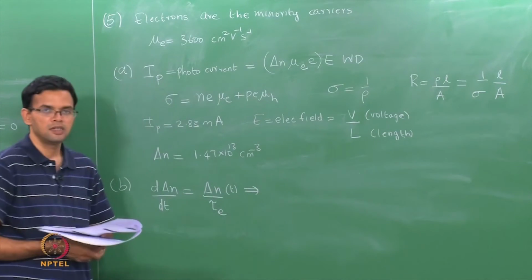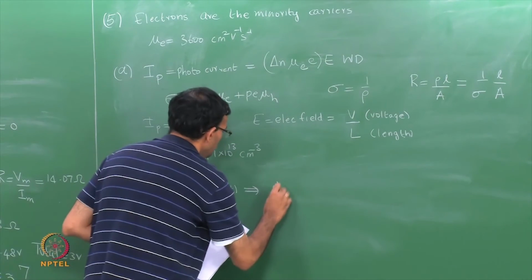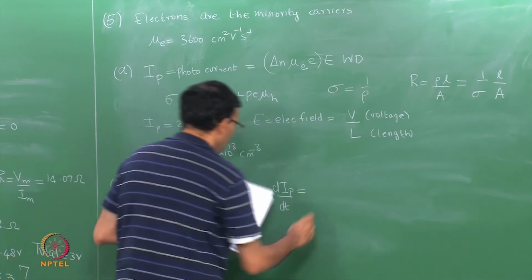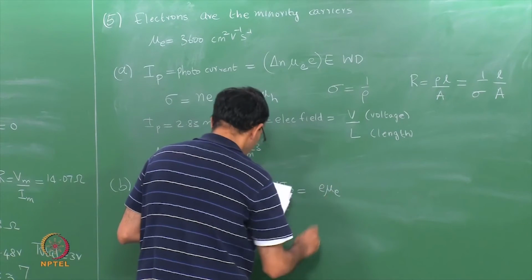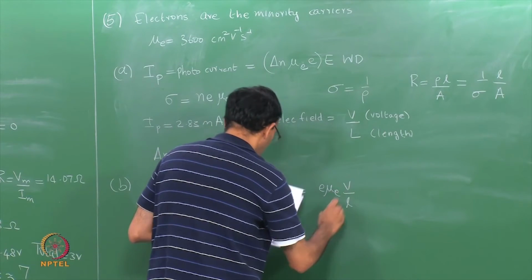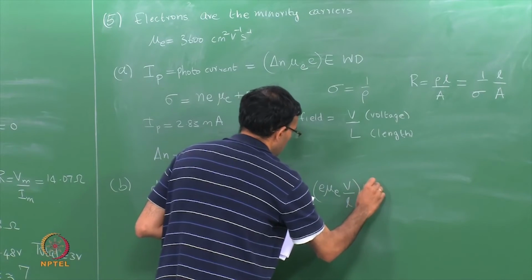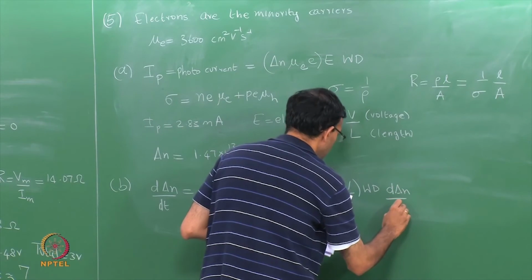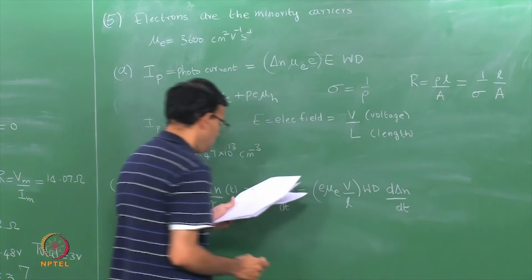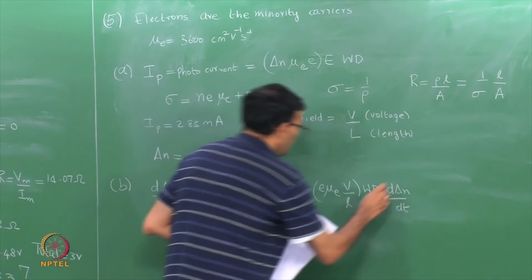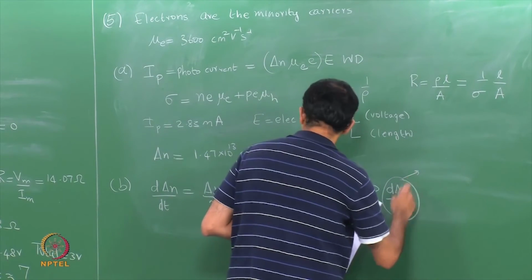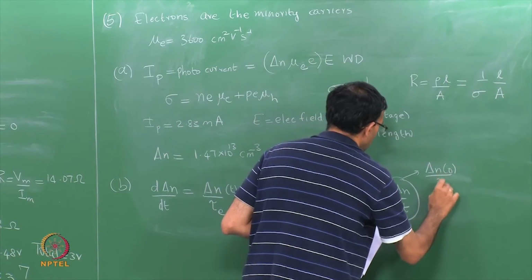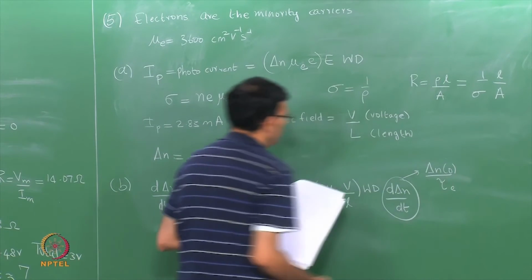You can write this in terms of current, and if you do this, dI_P over dt is nothing but e mu e V over L times W D d delta n over dt.